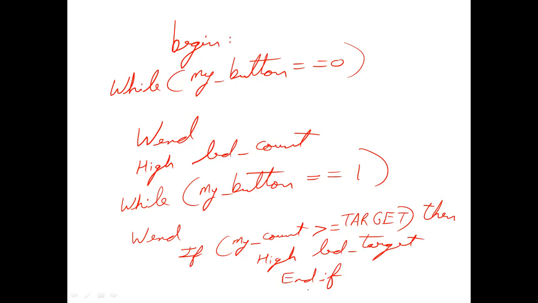And here we can write GOTO begin. And finally at the bottom, END. Okay, so this is the way this program would keep on running till my_count becomes 5, right?